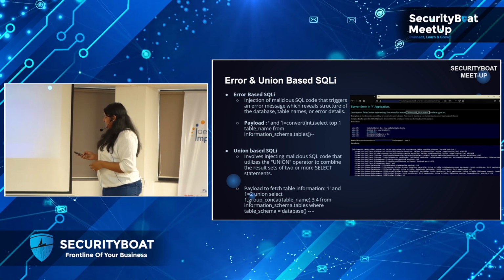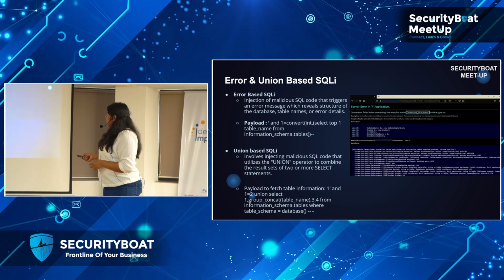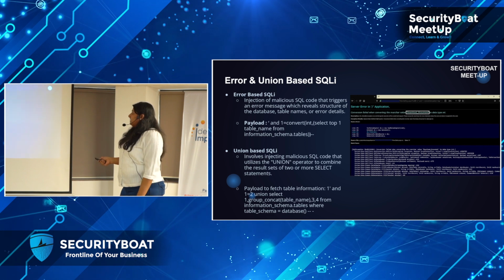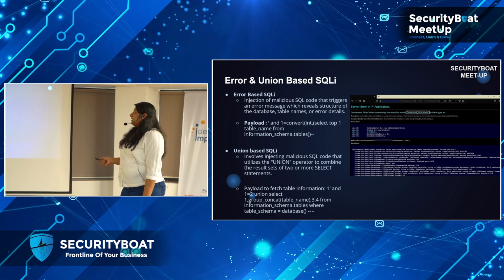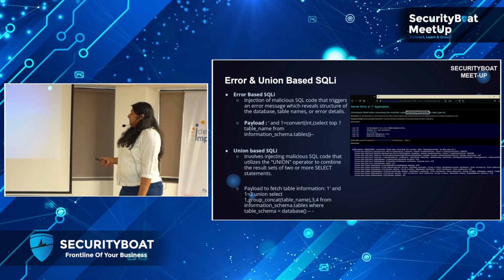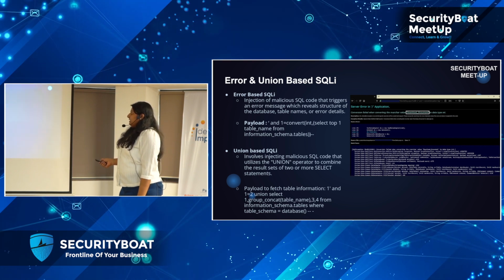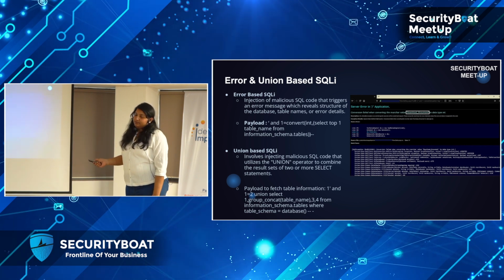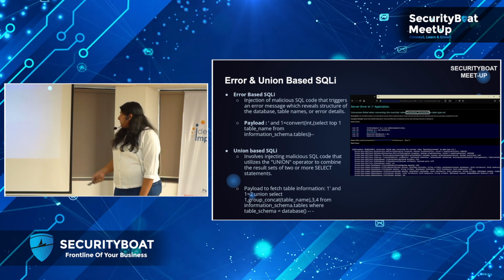Here we are selecting the first table name from the information schema, and if it is available, it will get successfully executed, this condition will be true, and we will get unauthorized access to the information. If it is not, it will throw an error.